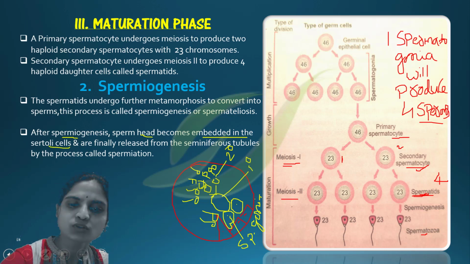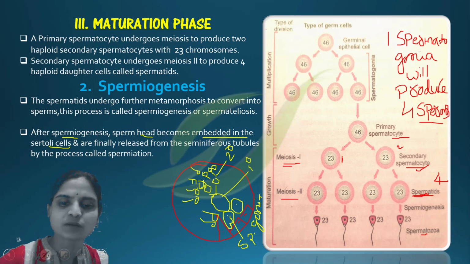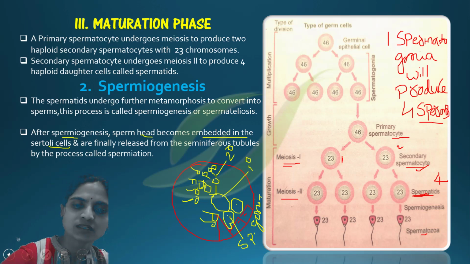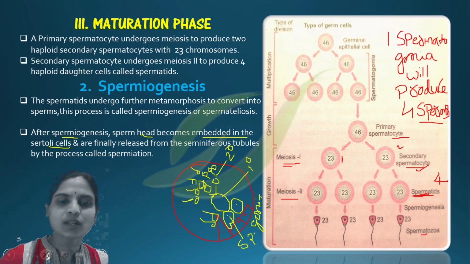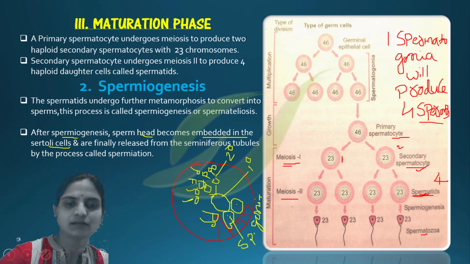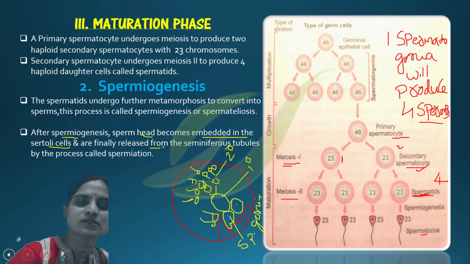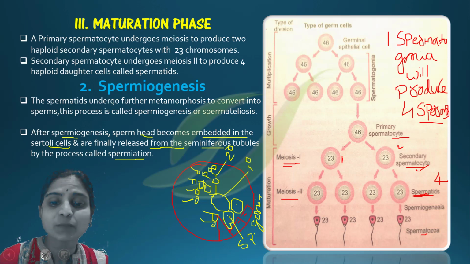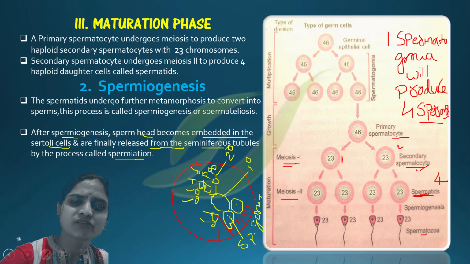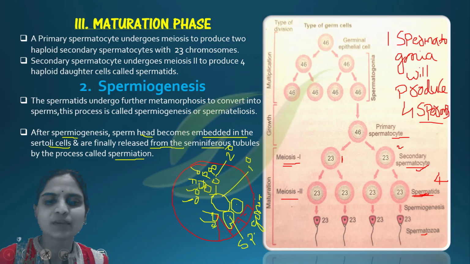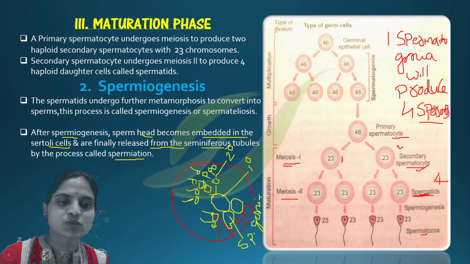Once spermatogenesis, that is formation of sperms, has happened, the sperms will bind to the Sertoli cells, and then these sperms will be released from the seminiferous tubule by the process called spermiation.